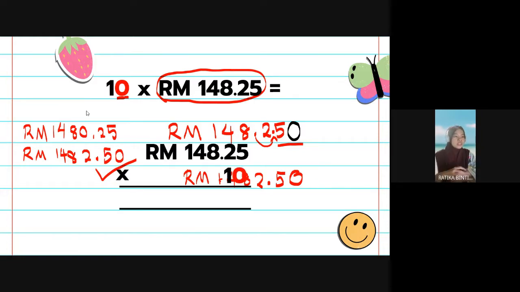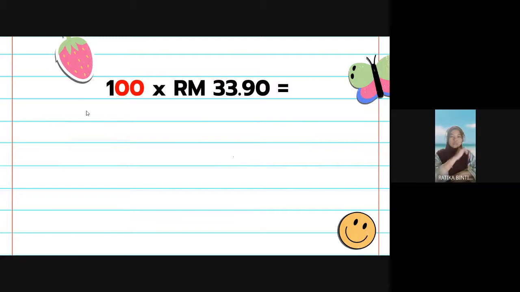Okay, now you try this one. Tell me your answer. Copy the number, add the zero, move the decimal point. Remember, in writing money, the cent, okay, must only have 2 digits. So what's your answer?